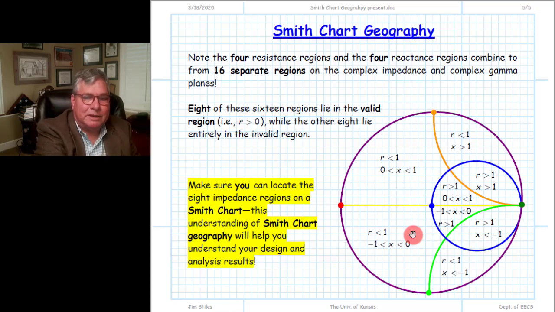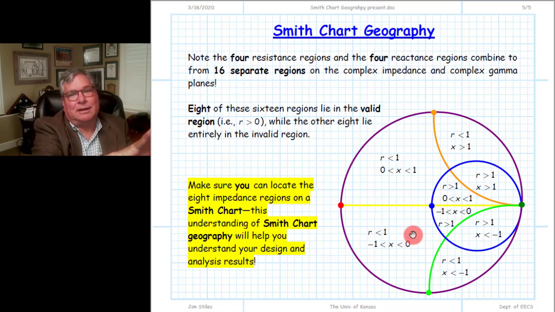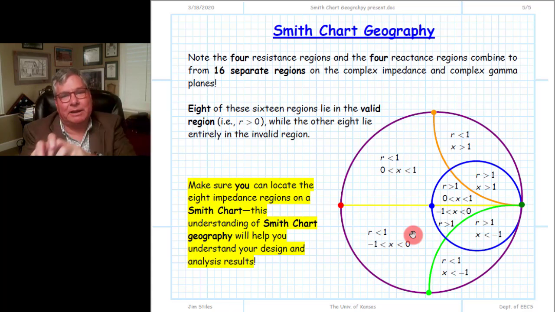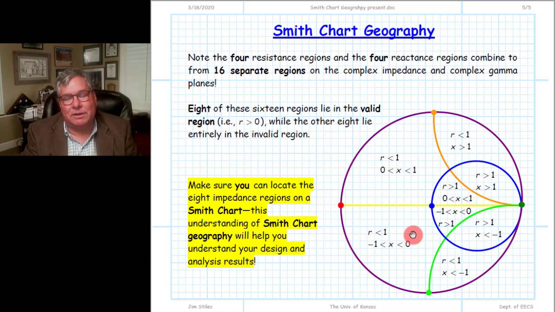We've mapped all of the rectilinear Cartesian contours of the normalized impedance plane onto the complex gamma plane, so we can immediately determine the corresponding impedance value for a specific value of gamma.